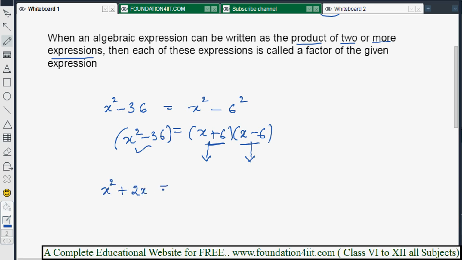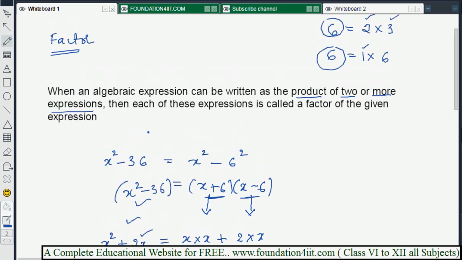Here we can take something common. x square is x into x, and 2x is 2 into x. We should write the product of two factors. If I take x common, x is left in the first term and 2 is left in the next, so x into x plus 2. So x is one factor of x square plus 2x, and x plus 2 is also a factor of x square plus 2x. I will explain each and everything briefly later. So this is only the information about the factor.